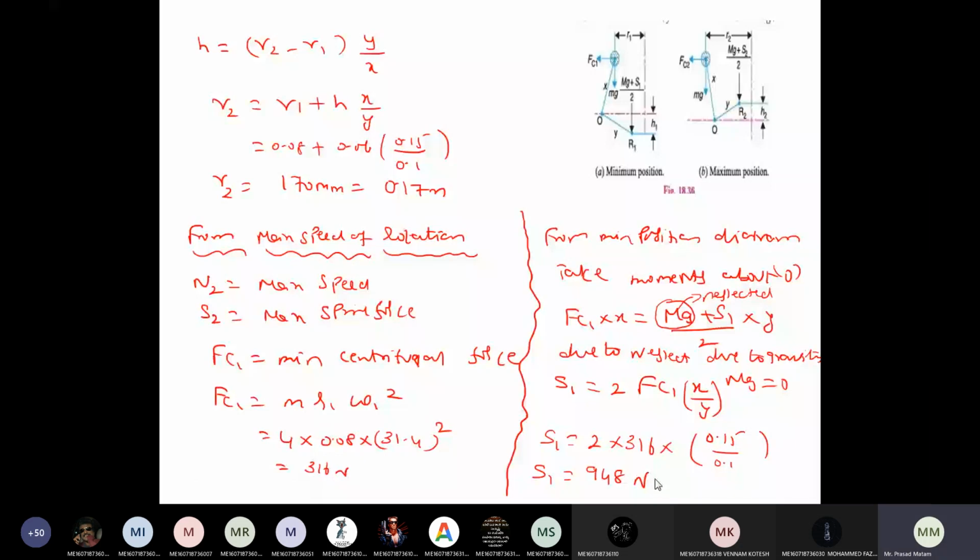We know that S2 minus S1 is equals to S into H. This equation we know. So from this, how to find this S2 value? S1 plus S into H. Already S1 we have found out. What is S1 we are getting? 948 newtons. What is the S? Stiffness of the spring is given in the problem.